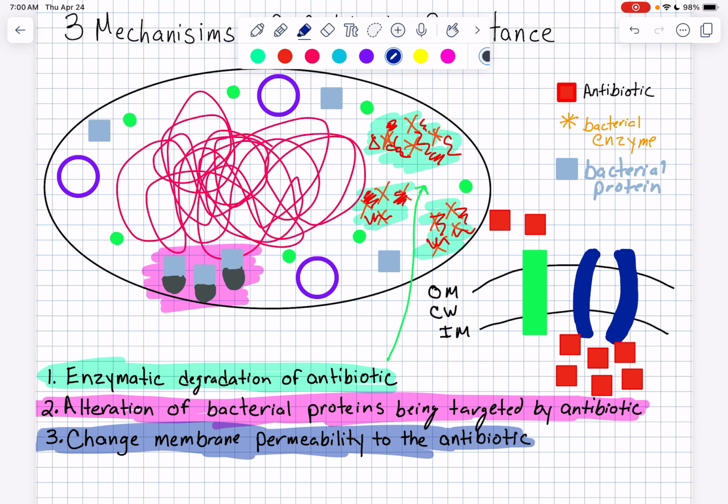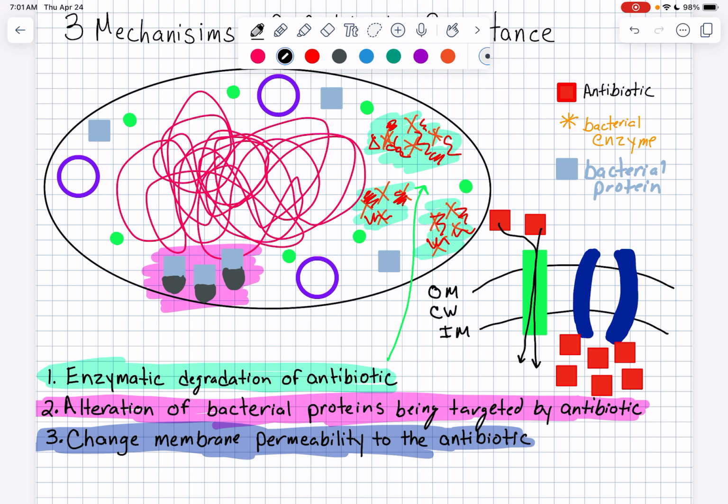Antibiotics can enter through the membrane by way of channels, things like porins, or sometimes they can get through the membrane directly, but usually through porins.